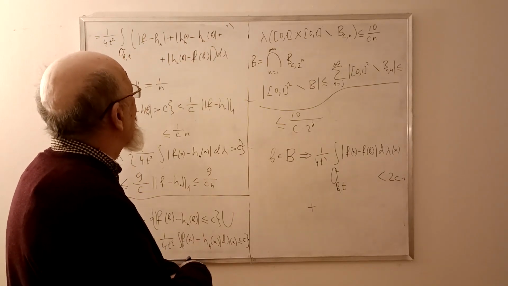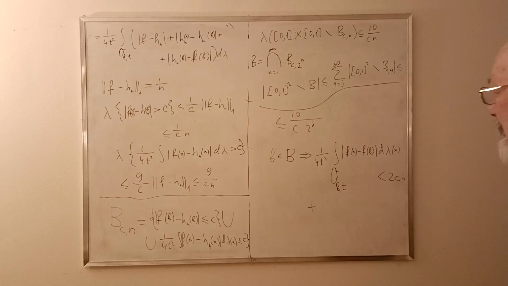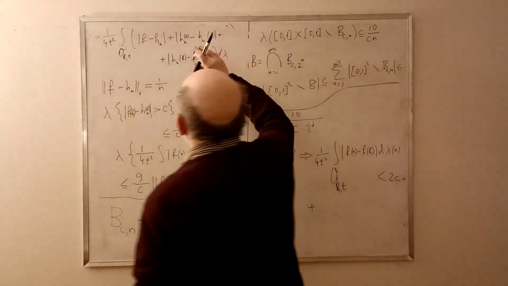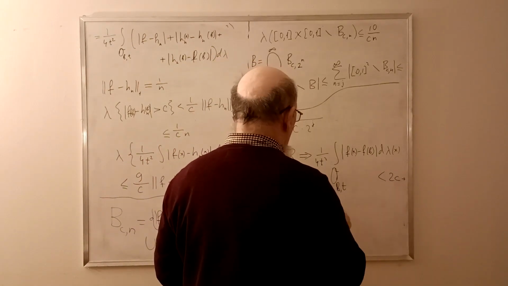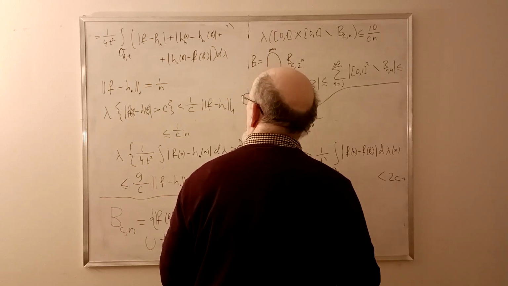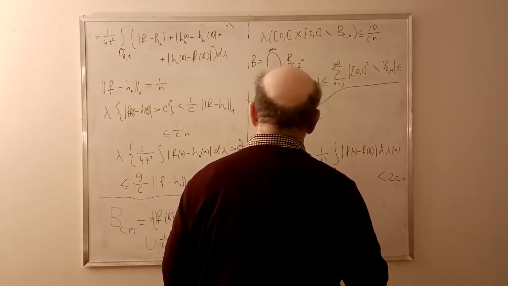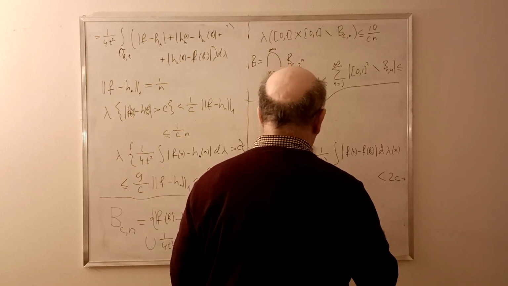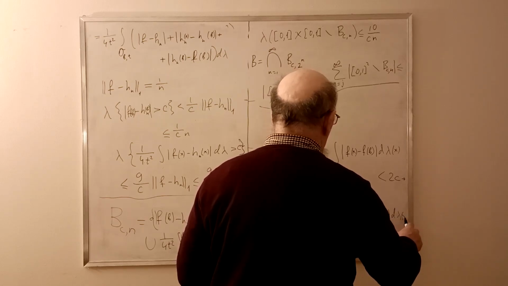But this is a continuous function. So if you take t sufficiently small, then the difference for this continuous function will also be less than C, plus 1 over 4t square integral over O(b,t) modulus h_n(x) minus h_n(b) d lambda of x.